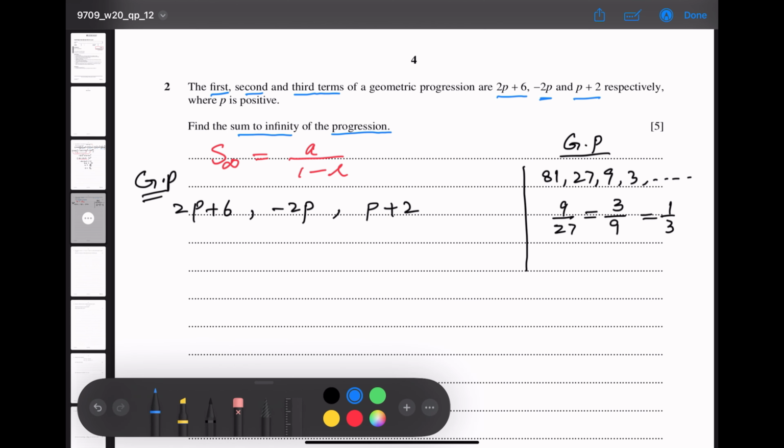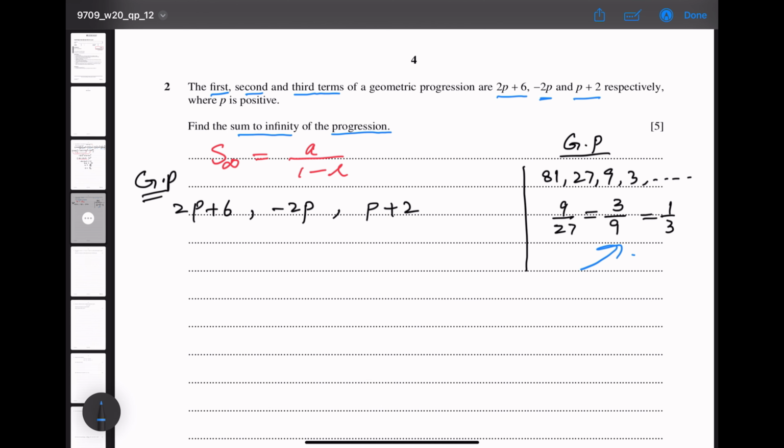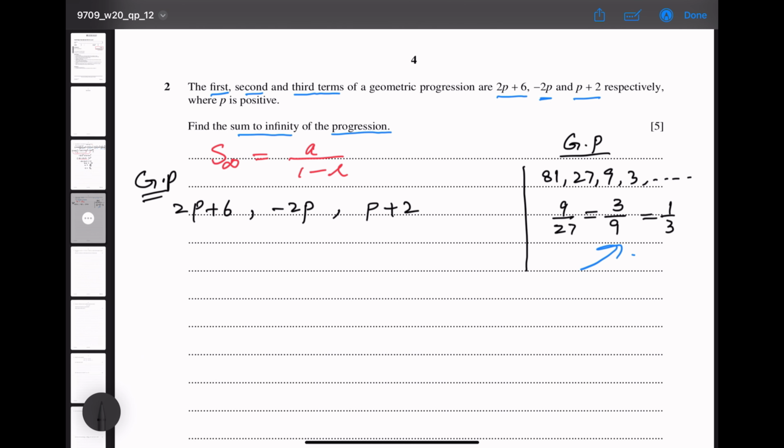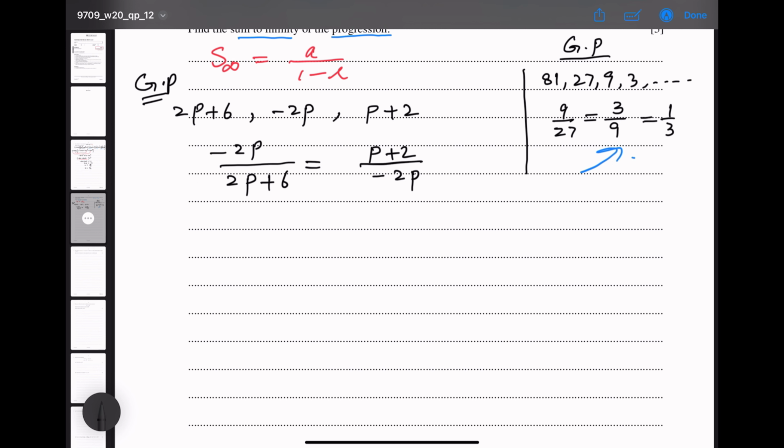Now we will use the same concept as here. The second term is minus 2p, the first term is 2p plus 6. Dividing minus 2p over 2p plus 6 will give the same answer as the third divided by the second. From this equation, by cross multiplying, we can find the value of p.